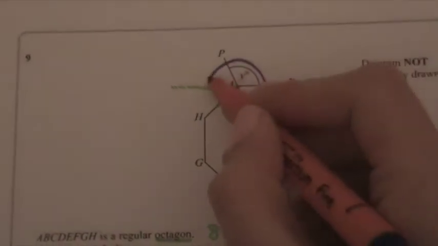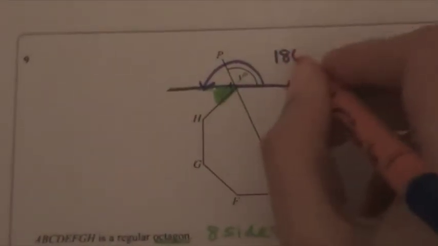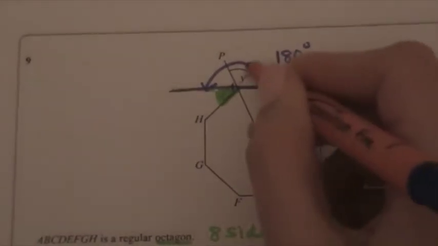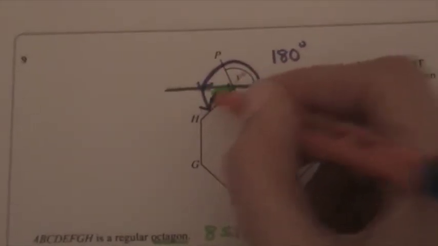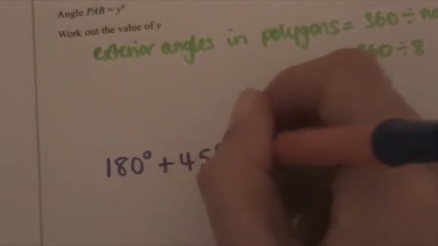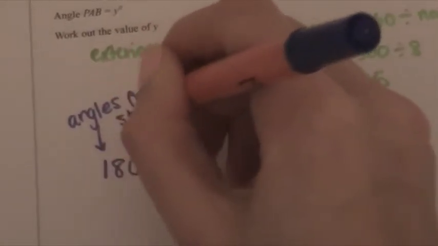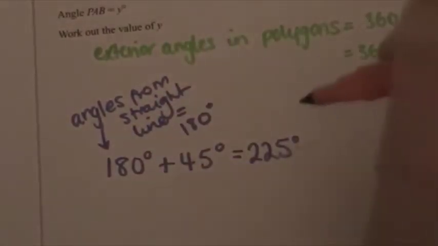I can also see that this round here is a straight line, so going across. So that must be 180 degrees. So if I was continuing that round, it would be 180 degrees, add on the 45 that I've just worked out. So we had our angles in a straight line, which is 180 degrees, add on the 45 degrees, which we just worked out, is 225. So this is angles from a straight line equal 180 degrees.